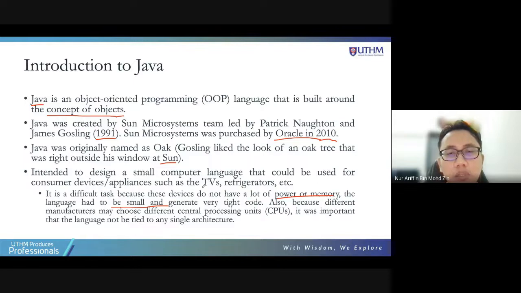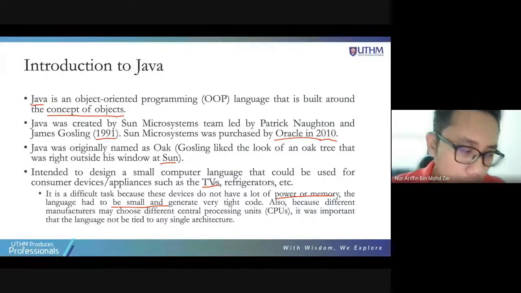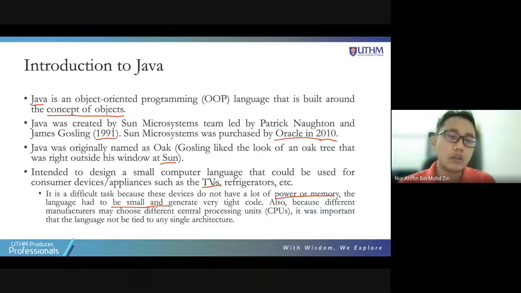Take for example a TV. The board is quite small, and because it is small, the memory capacity might also be small. It is very difficult to fit a very large programming language, a very large file of programs, inside a small memory.